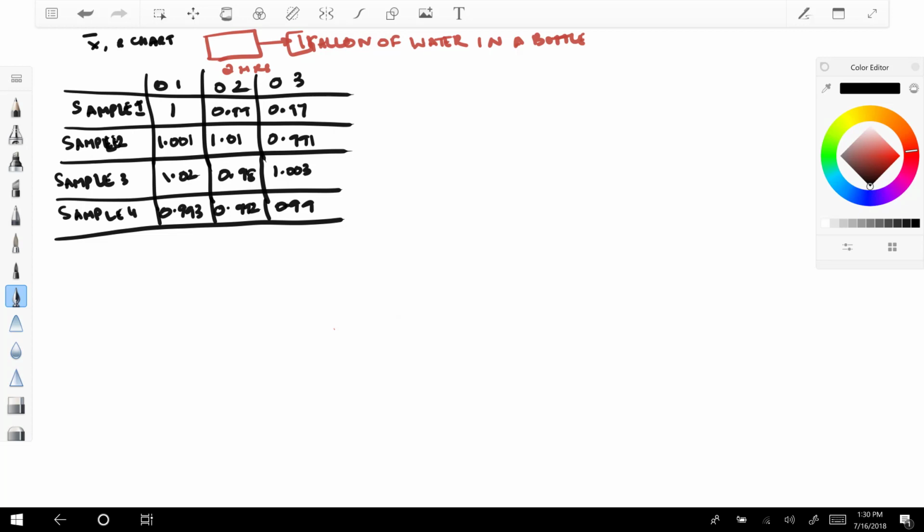So we want to set up our control limits for the XBar chart and R chart and see whether our process is in control or not. I will write the formulas for the XBar chart.